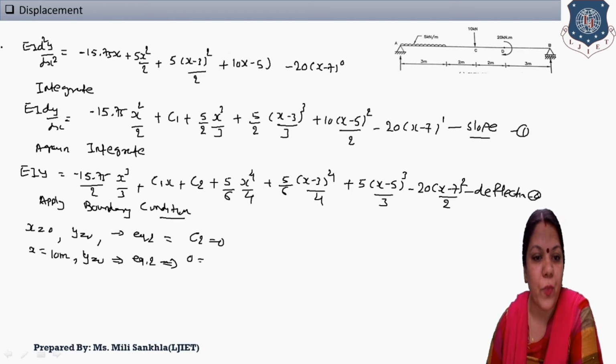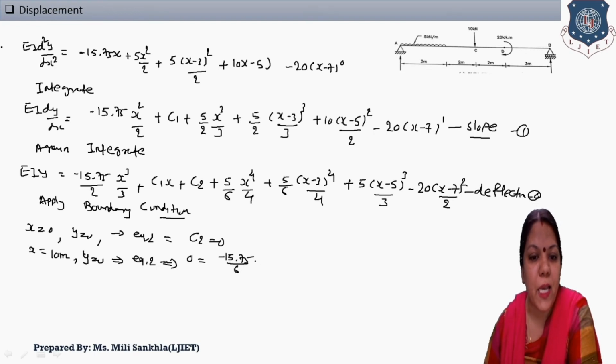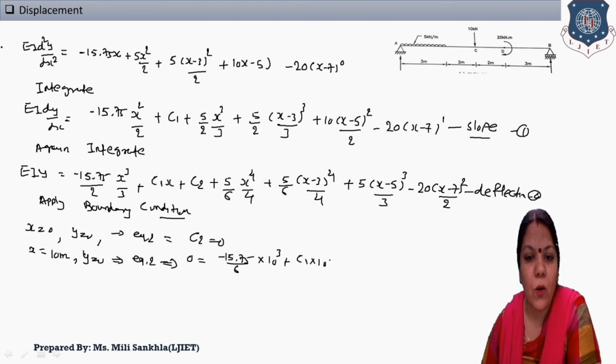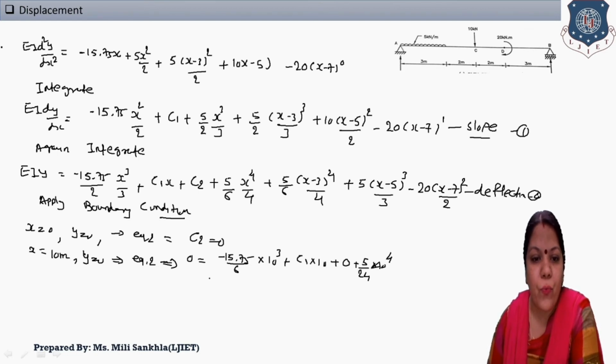First EIy is 0. Then minus 15.75 divided by 6, and here x is equal to 10 cube, plus C1 into 10, constant C2 is equal to 0, then 5 by 24, x is equal to 10 raised to 4, and next 5 by 3, then 10 minus 5 raised to cube, then 10 minus 7 square.